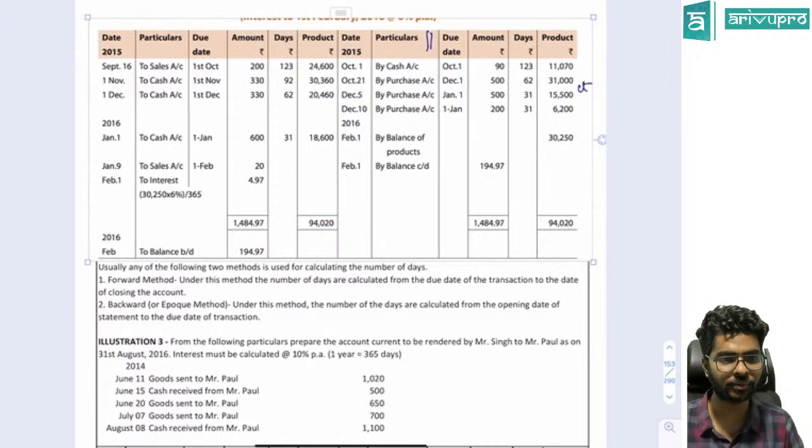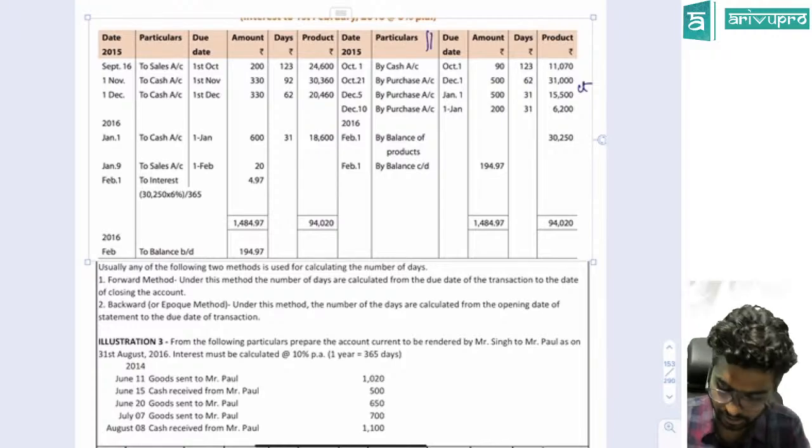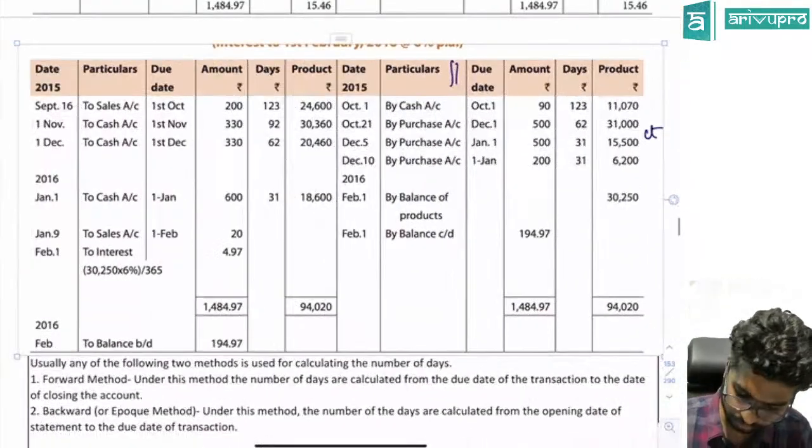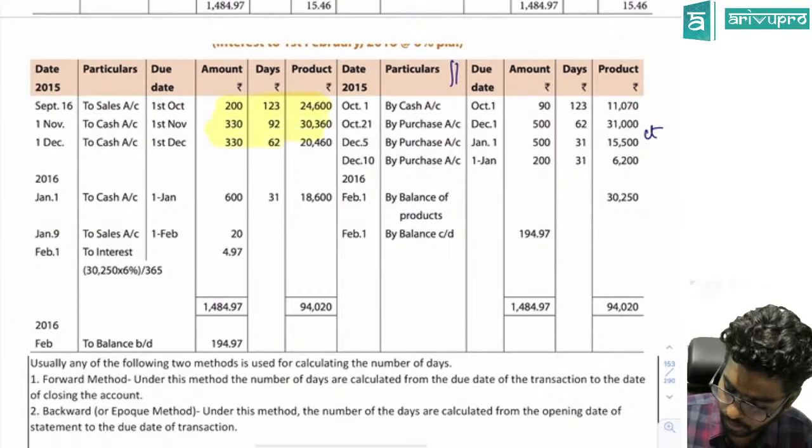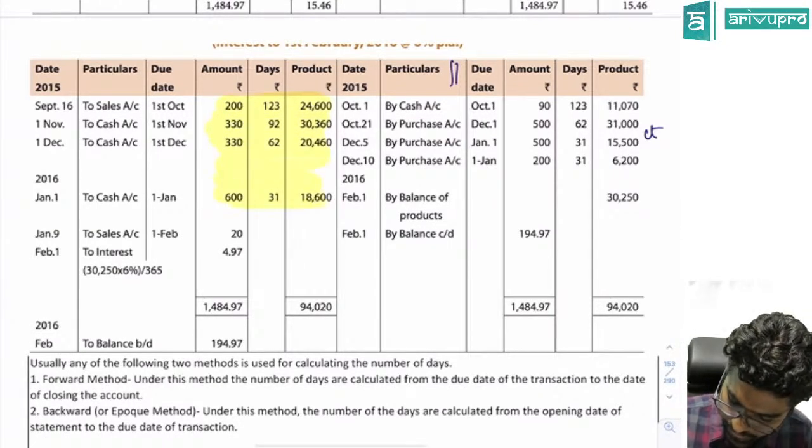Are you guys clear? So see here, guys, everything I'll be multiplying with it. Same thing goes here.